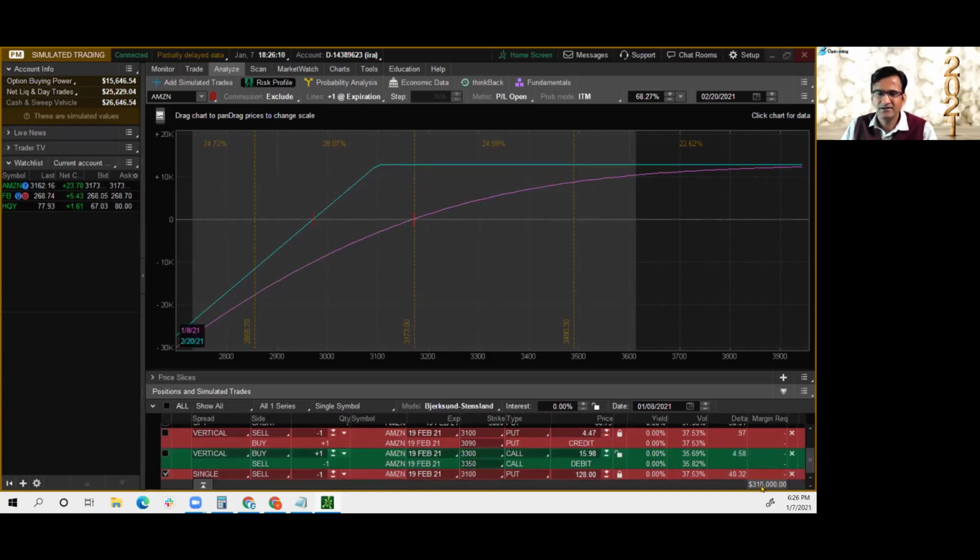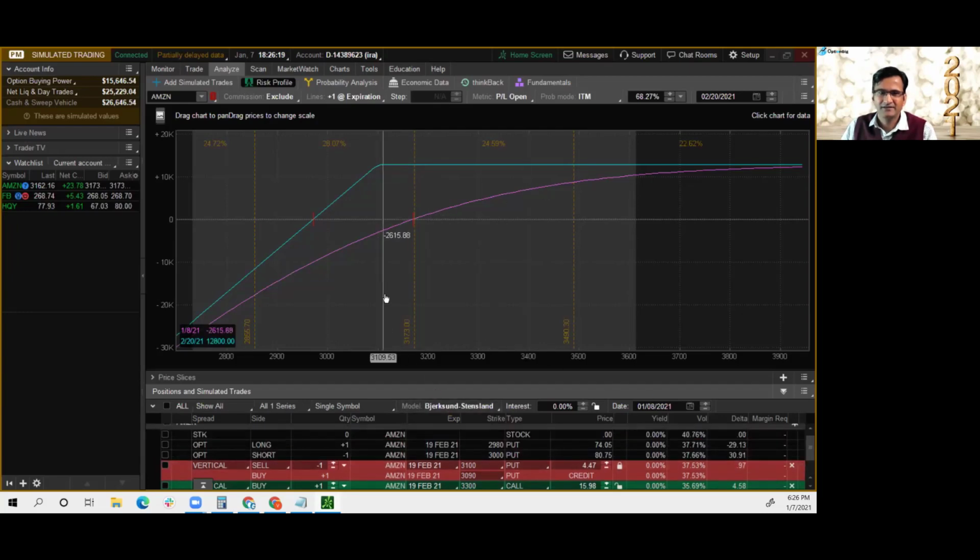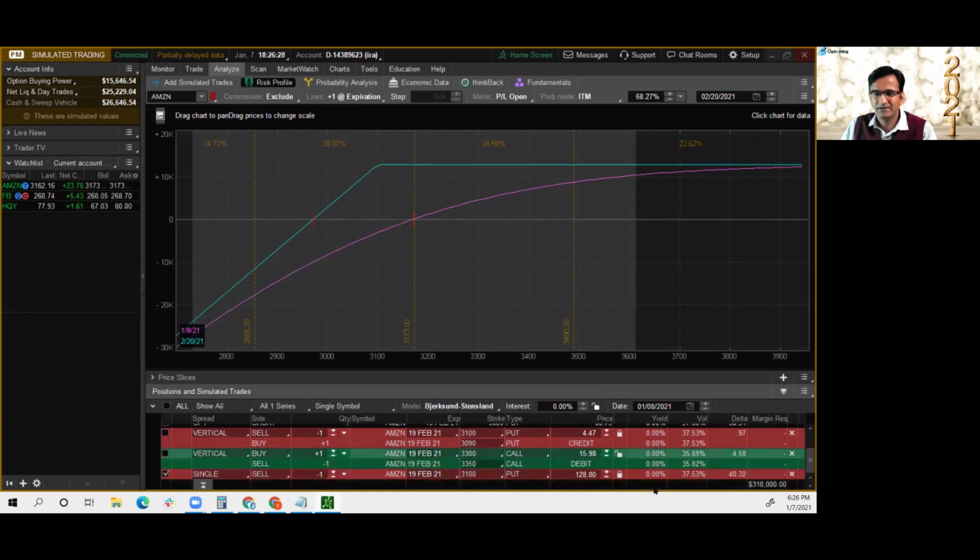If I send this trade, it will be rejected because I don't have enough buying power in my account. So I can't participate if Amazon continues to rise, or stays here, or even if it falls down. The strategy will benefit, but I will need to have $310,000.